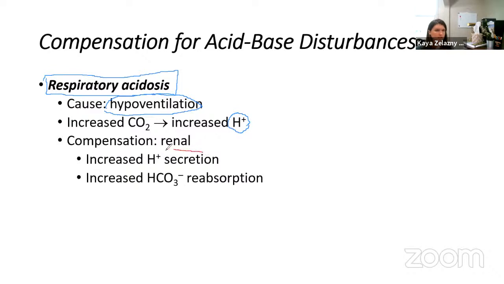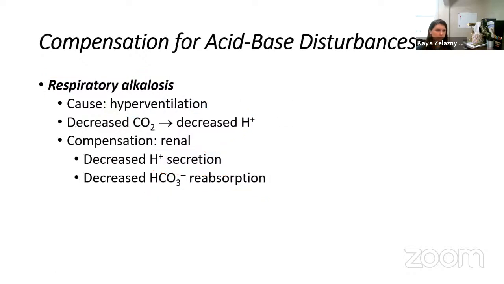We'll secrete more hydrogen ions. So we're going to try to urinate out some of those extra hydrogen ions. And we're going to increase bicarbonate reabsorption and possibly also bicarbonate actual synthesis in order to move more bicarbonate into the plasma in order to soak up those hydrogen ions.